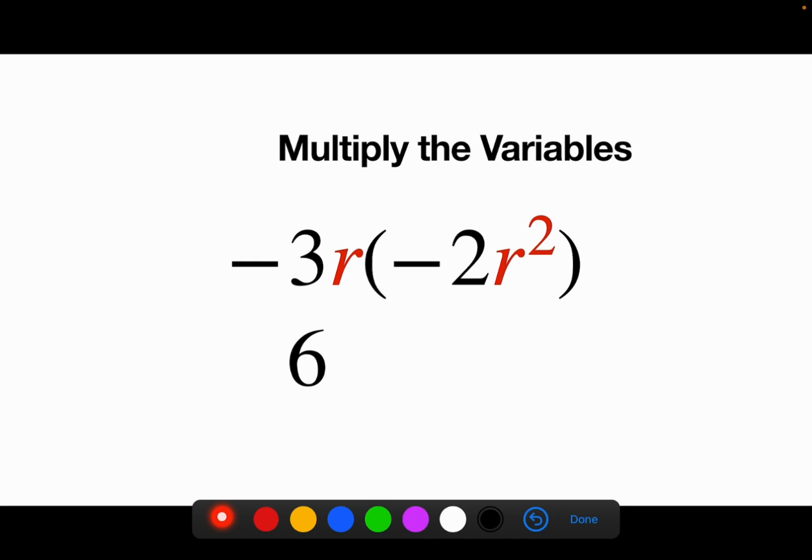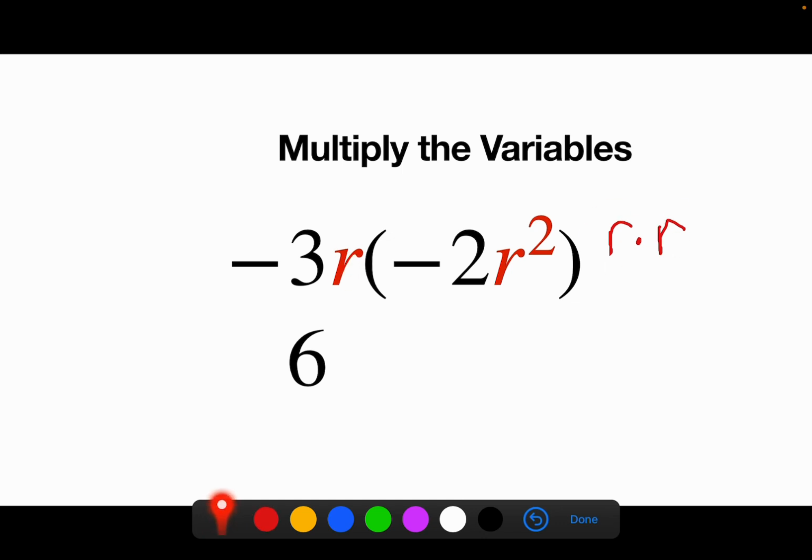So here we have this variable and this variable. Multiplication has to do with exponents. R to the second power means that we are multiplying r times r. So there are two r's multiplied together.